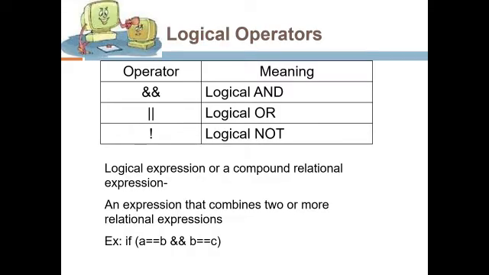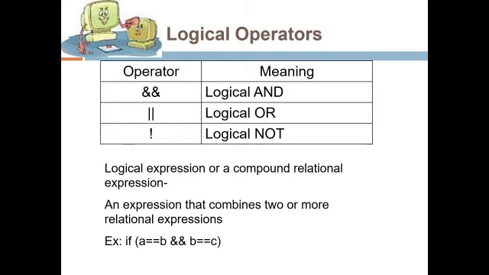The third is the logical operator, where there are three operators. The first is double and, the logical AND. The pipe operator, double pipe, is the logical OR, and the third is the NOT operator.